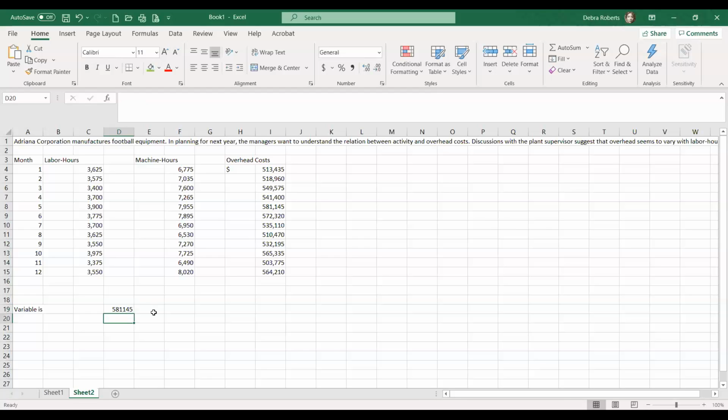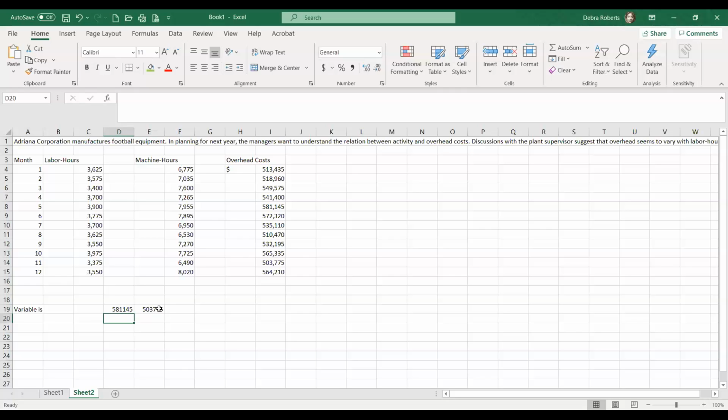Good. And the lowest activity for overhead? Is it 510, guys? Just check my numbers. I think my lowest number is 510,470, right? On 503,775. There it is. Thank you. 503,775. All right. That's my numerator.